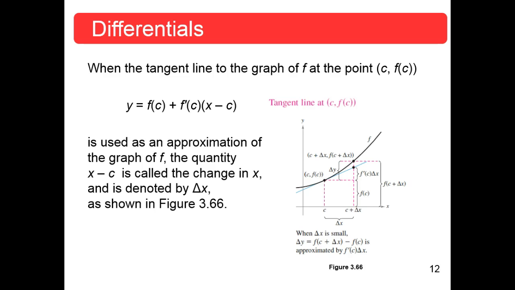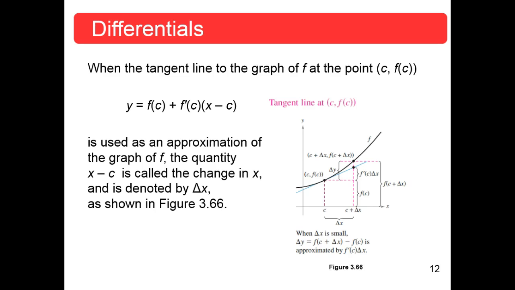So when the tangent line to the graph of f at point c, f of c, which I started off with about 3 or 4 slides ago, is y equals f of c plus f prime of c times x minus c. That's your tangent line approximation. That's the equation of a tangent line. Okay?